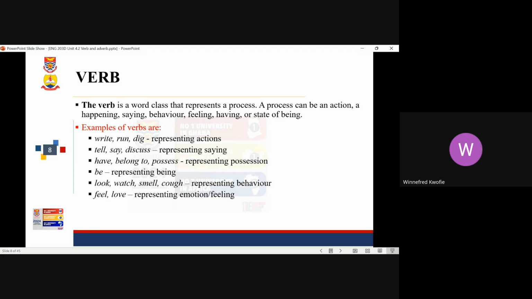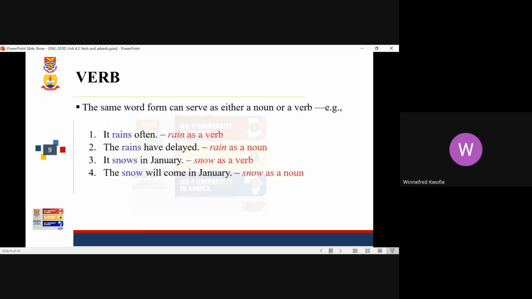It can refer to being, a state of being. Then we can have behavior, and representing emotion or feeling. So that class of words that refer to all these processes is that type of word that we refer to as a verb.